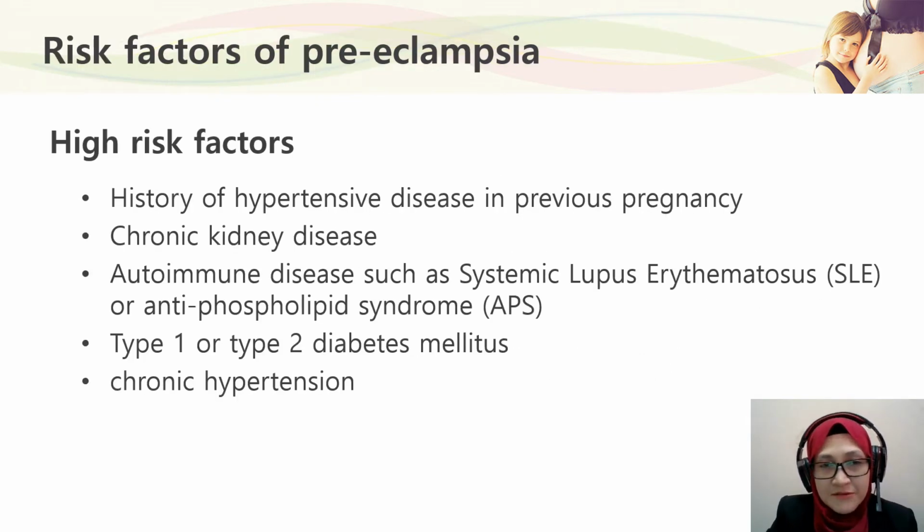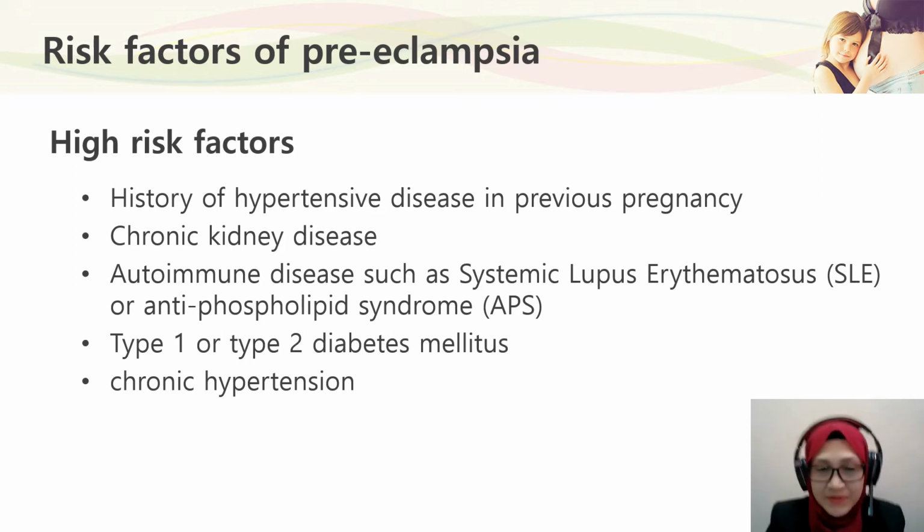So what are the risk factors of preeclampsia? Who are the women that we need to monitor very closely, who have a higher chance to get preeclampsia or eclampsia? It is divided into high risk factors and moderate risk factors. For high risk factors, it's the history of hypertensive disease in previous pregnancy.